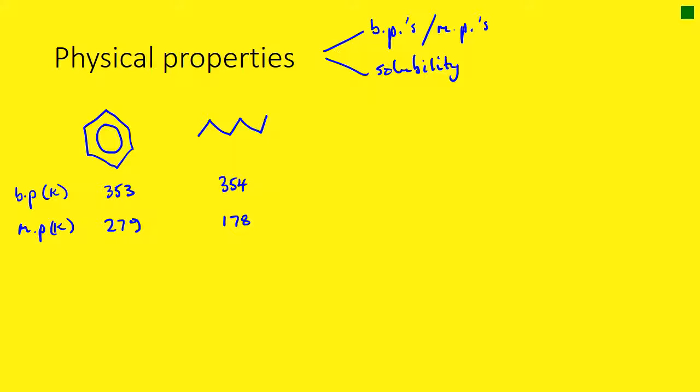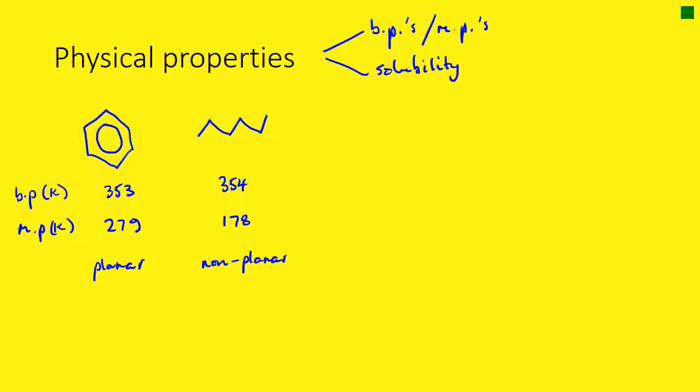Whereas hexane molecules, being the shape they are, fit less tightly together because these are planar, and these are non-planar. And that difference in shape explains the difference in melting points, in that the van der Waals forces are stronger with benzene because the molecules can fit together closer.